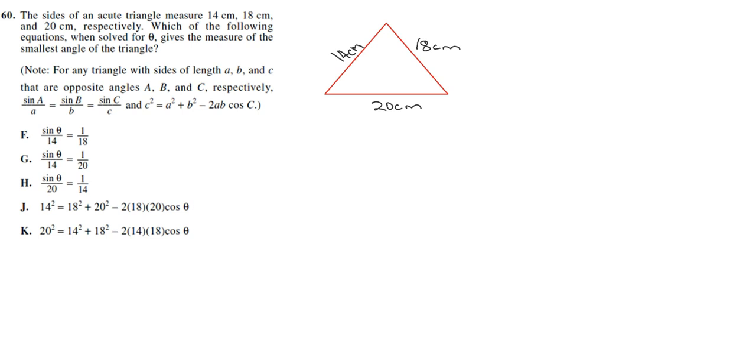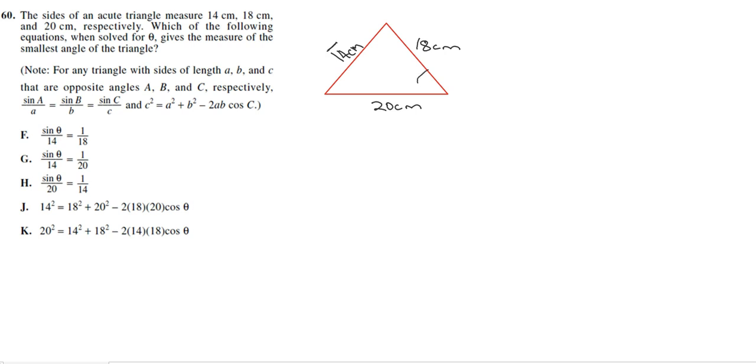Now, what are we trying to do? We're trying to find the value of this angle that is unknown, which is the smallest angle. So usually the smallest angle is the angle opposite the smallest side. So let's look for the smallest side. So this is the smallest side, 14 right here.